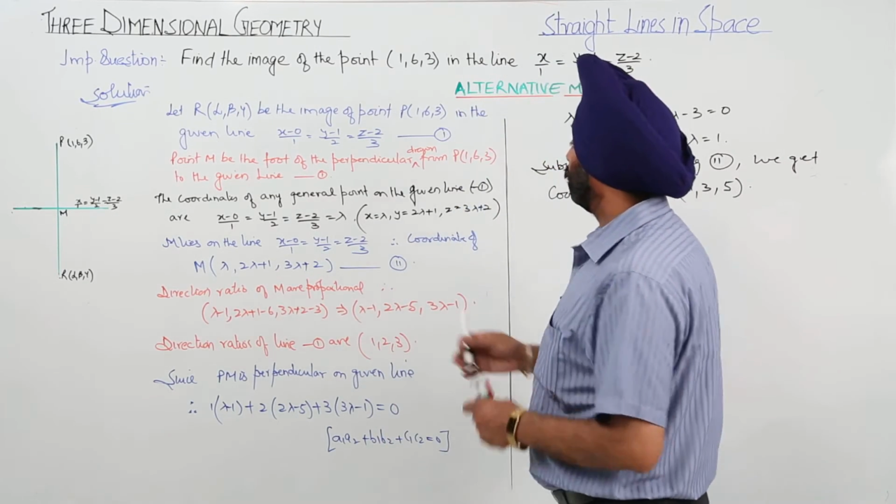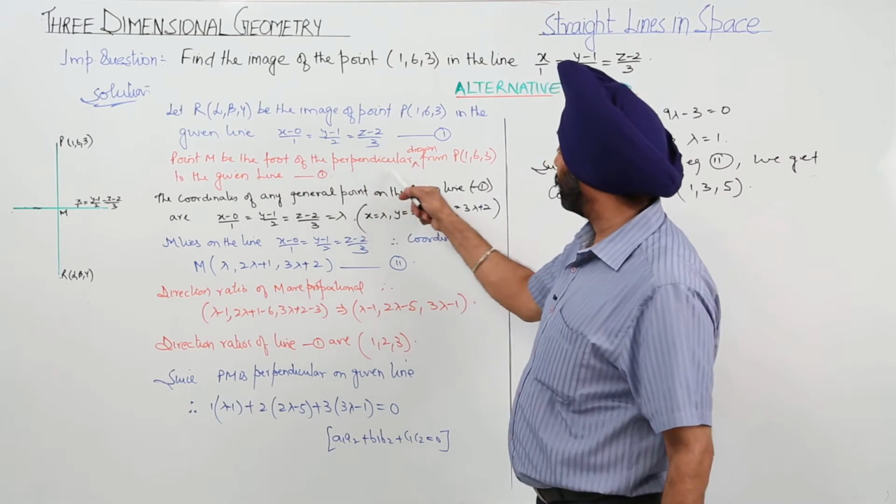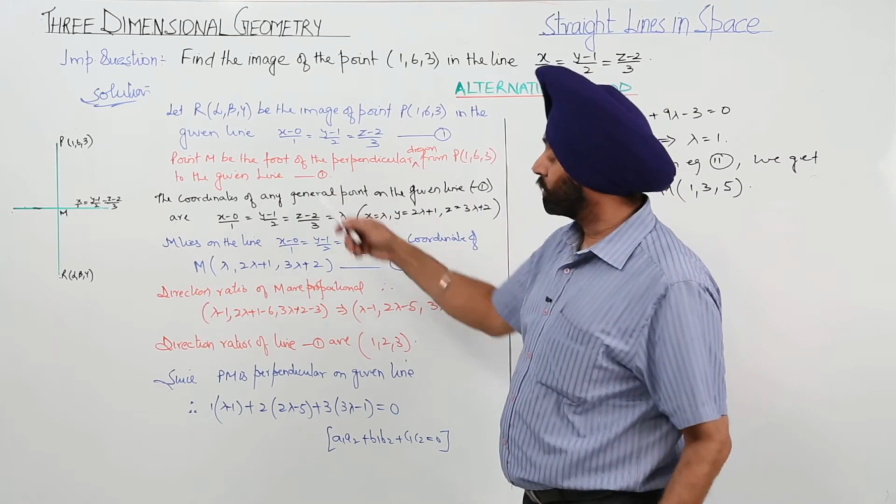Now these are the coordinates of point M. Point M is the foot of the perpendicular drawn from P to the given line.